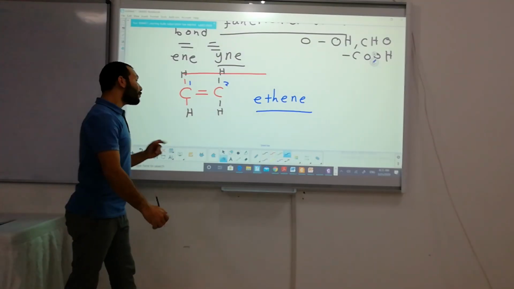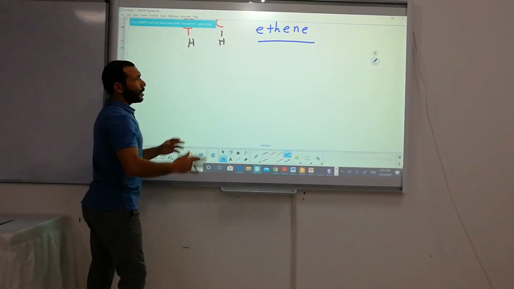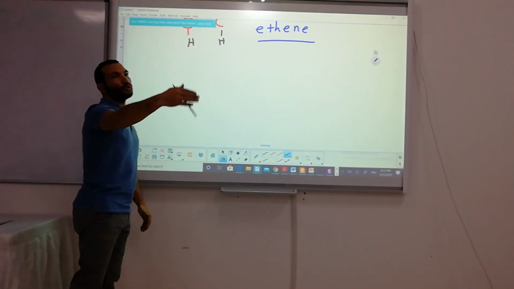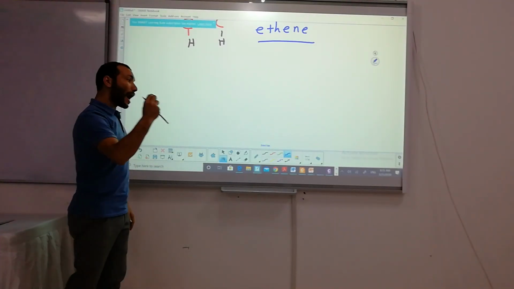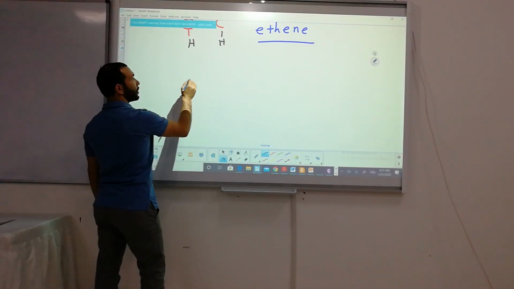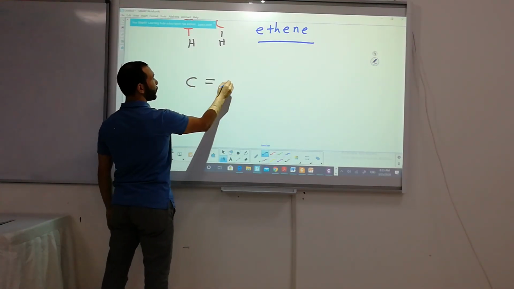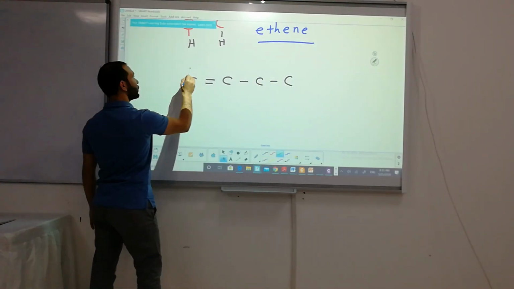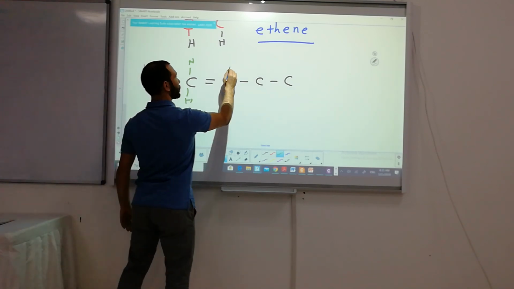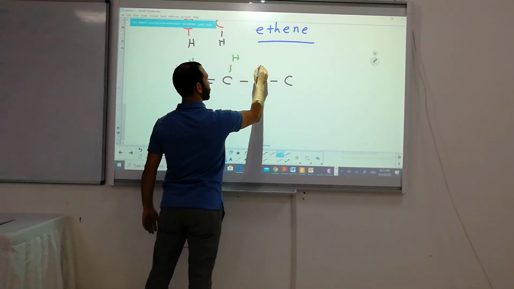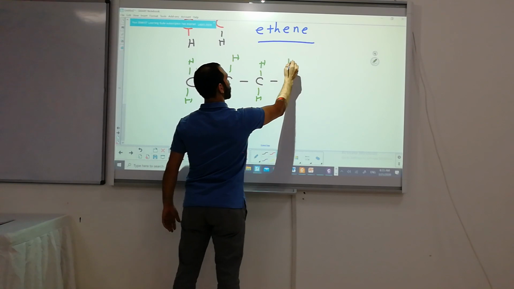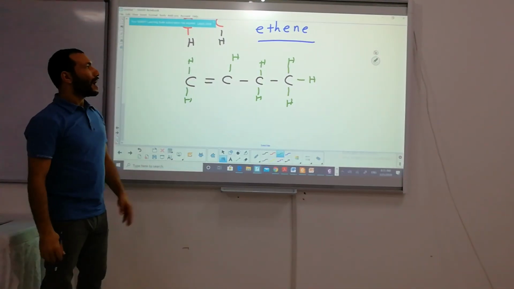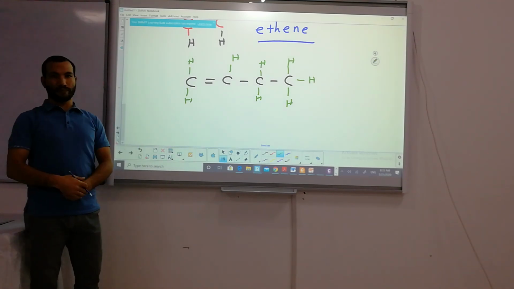And the other: if we have more than 1 carbon, more than 2, more than 3, and so on, how can I write it? Give this example: C double bond C, single bond C, and so on, and I write, for example, this compound. I need to give a name to this compound. How?